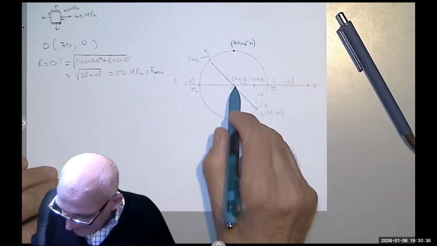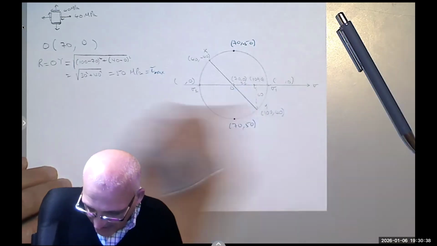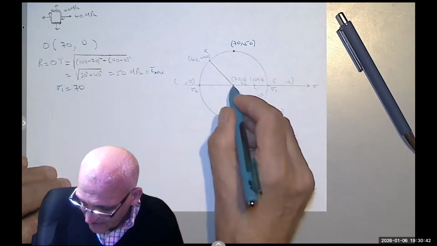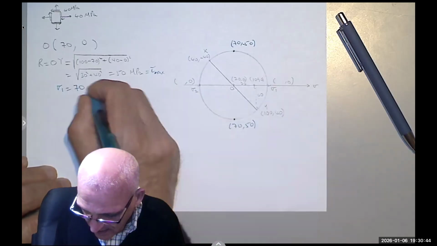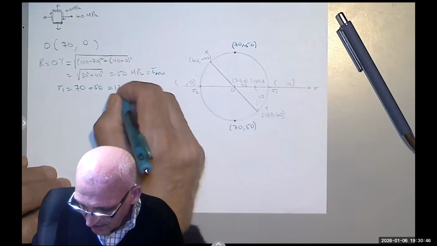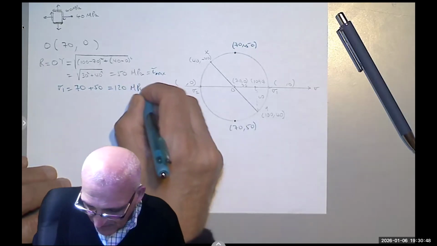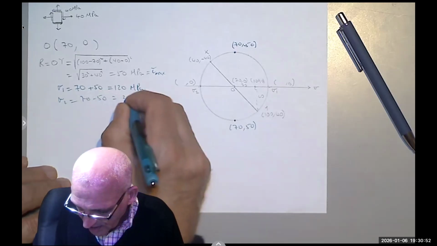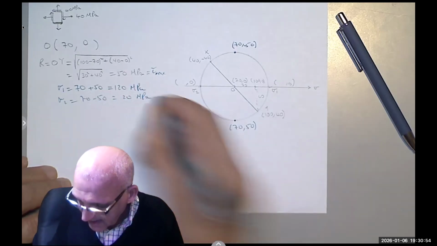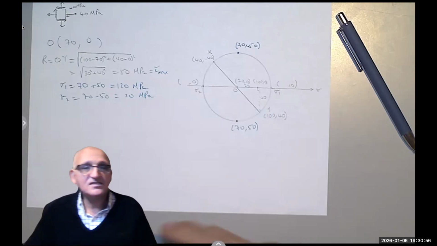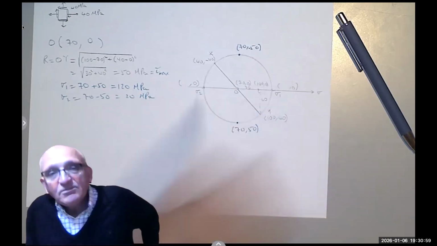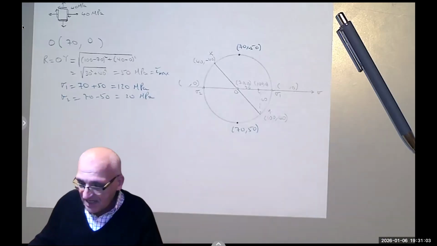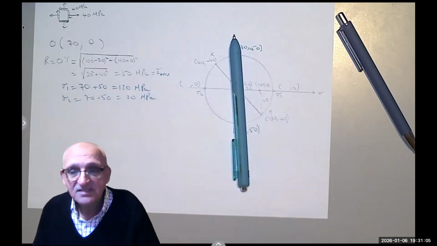Also, if I add 50 to that, sigma 1 becomes the 70, which is the coordinate of the center, plus the radius, equals 120 megapascal, and sigma 2 becomes 70 minus 50 equals 20 megapascal. That's how easy it is to find the maximum and minimum normal stresses and the maximum shear stress.